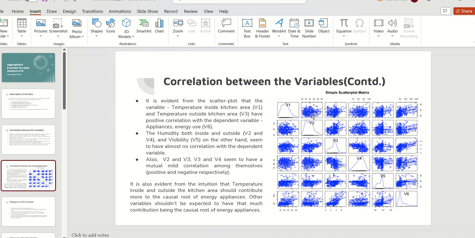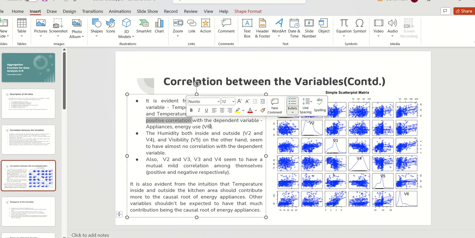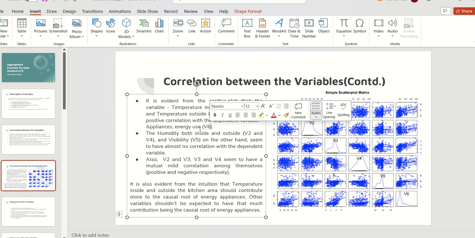It is evident from our scatter plot that the variable temperature inside kitchen, that is V1, and temperature outside kitchen, which is V3, have a positive correlation with the dependent variable V6.